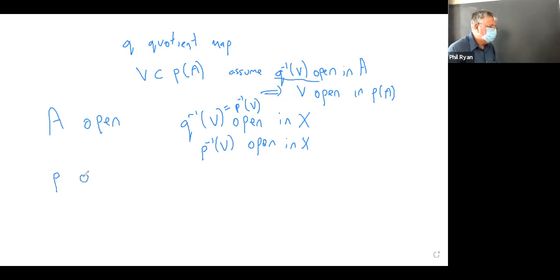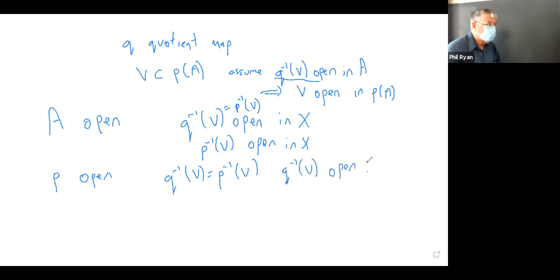So what happens if P is open? Then again, since Q inverse of V equals P inverse of V, we've got Q inverse of V open in A again. So we want to show that V is open in P of A. Well, P inverse of V is equal then to U intersected A. But what does it mean for a subset to be open in a subspace?